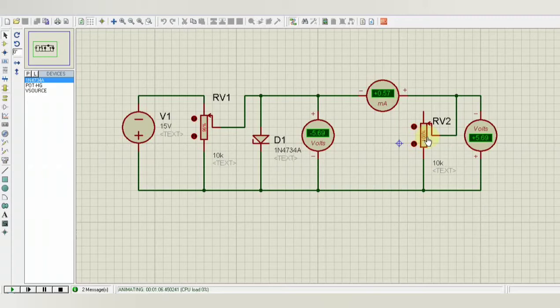Now we have applied a variable load resistance. Because it is not an ideal infinite resistance, we have a low value of current that is not equal to 0. So the starting current we are getting is around 0.57, and we can see the load voltage is the same as the source voltage.